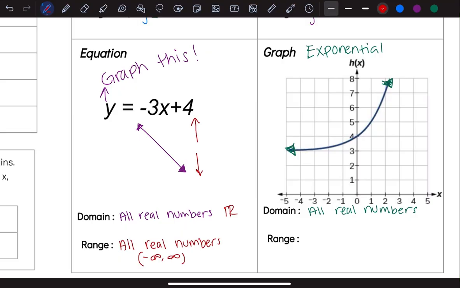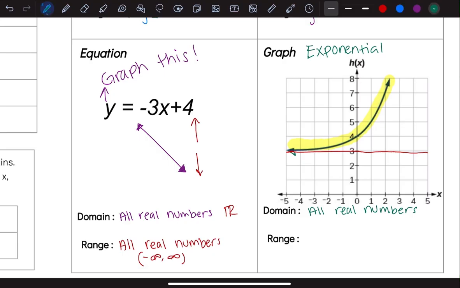If you remember the horizontal asymptote, this line is my function. This function will approach my horizontal asymptote, but it'll never cross it or touch it. That's the number that I need to use for my range.